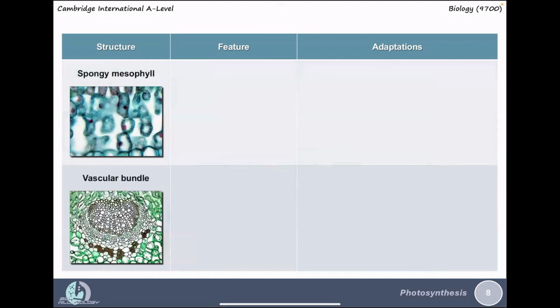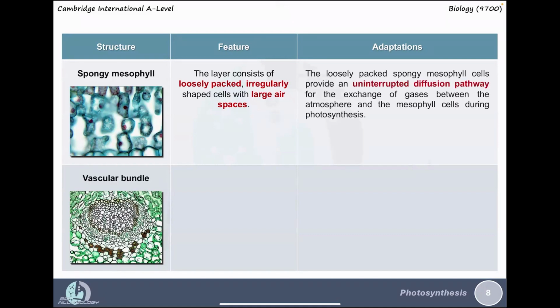The next layer that we are going to study here is the spongy mesophyll. They are irregular shaped cells, loosely packed with large air spaces. These large air spaces provide an uninterrupted diffusion pathway for the exchange of gas between the atmosphere and the palisade mesophyll cells, because these loosely packed cells create the air spaces.